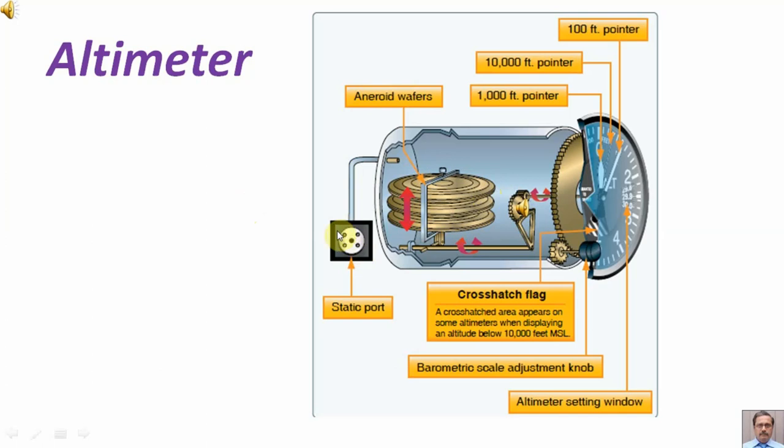Through the static port, the chamber of this altimeter gets the static pressure. The meter here indicates the difference of pressure between this stack of capsules and the static pressure, which is connected with the static port.